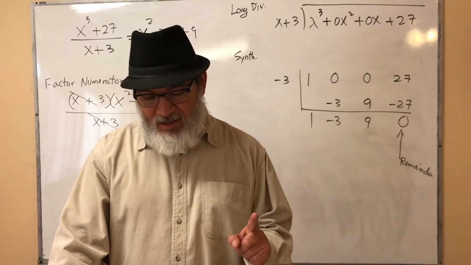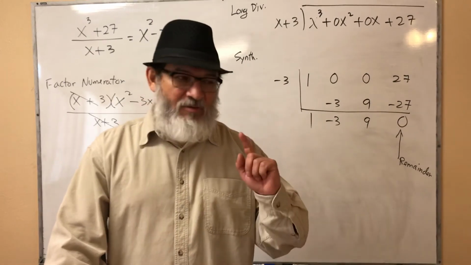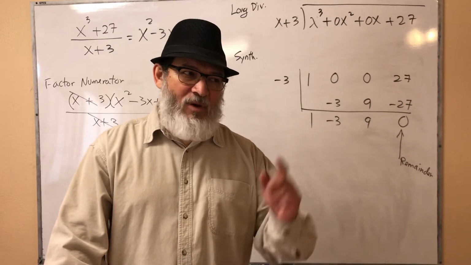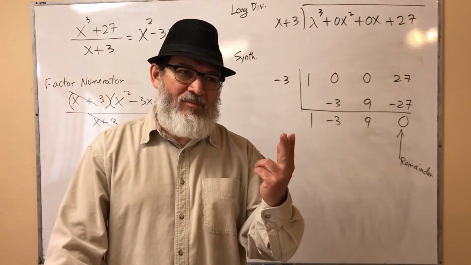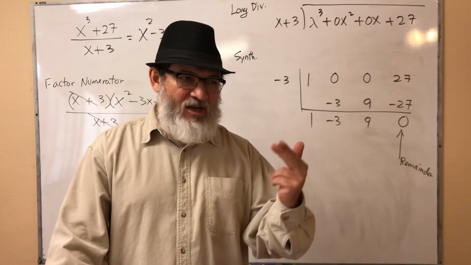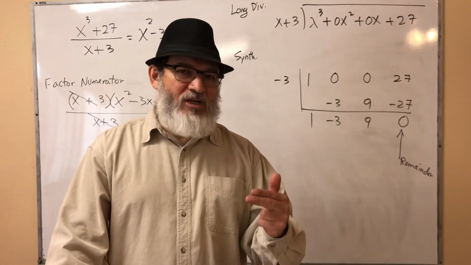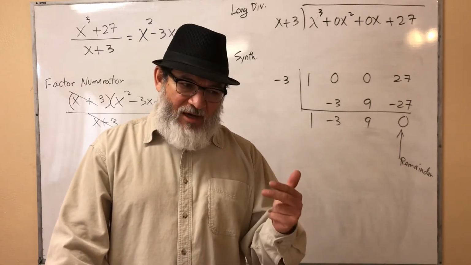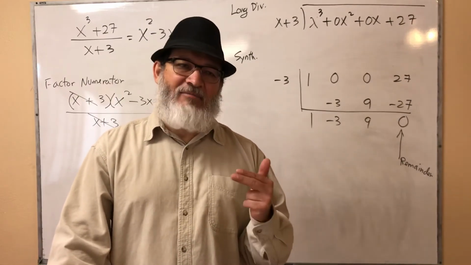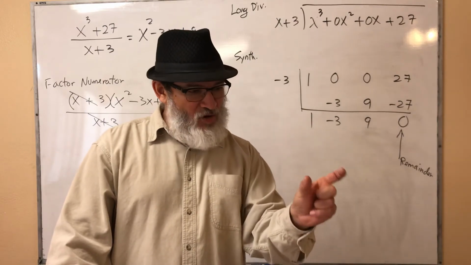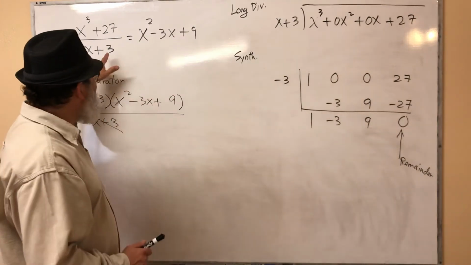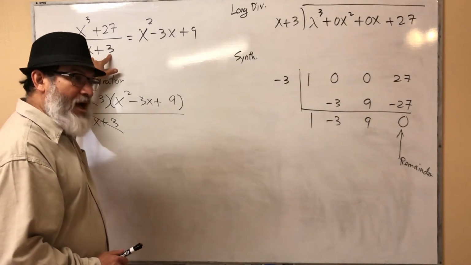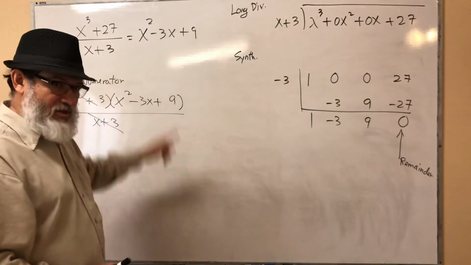Once again, if the remainder is 0, whenever we do division, either long division or synthetic division, when we're dividing by a binomial, if we ever get remainder of 0, that means that the binomial factor in the denominator is a factor in the numerator.